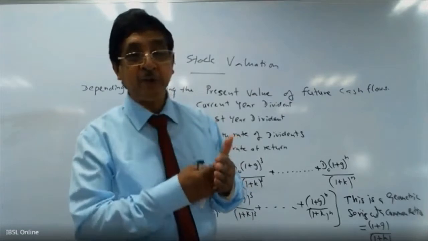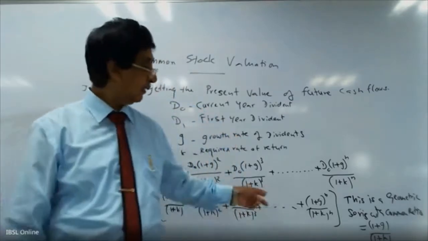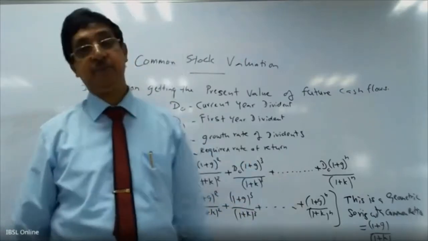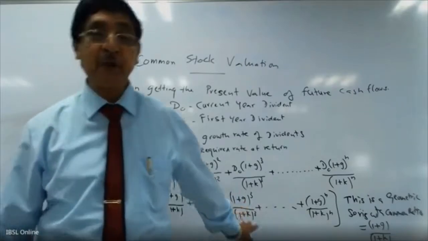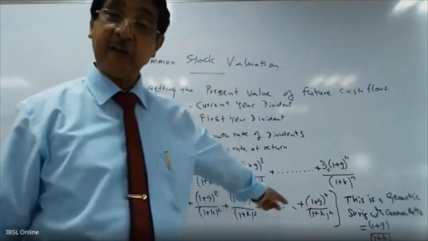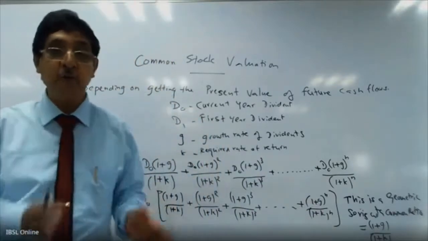If the dividend growth rate is higher than the required rate of return, we can't follow this methodology because you will be nowhere with that. You are not in a position to calculate the summation of this because it is an infinite series, so you can't value this.